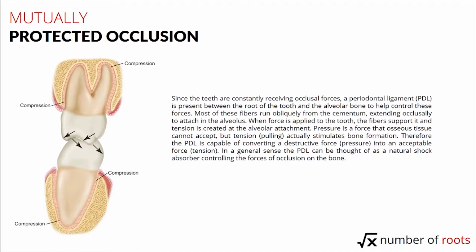So as you're constantly receiving these occlusal forces, the PDL acts to absorb and distribute these forces in order to minimize the destructive force that applies to the tooth and the ligament and the bone. So the whole idea of this protected occlusion is that we want to obviously maintain the health of our teeth and the whole complex by reducing the amount of force and not exceeding its absorptive capacity.